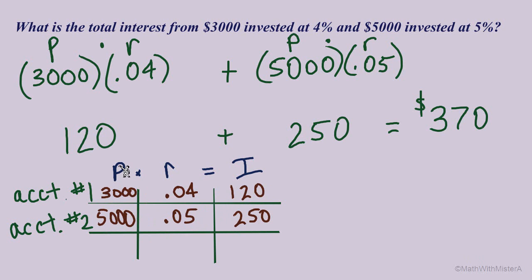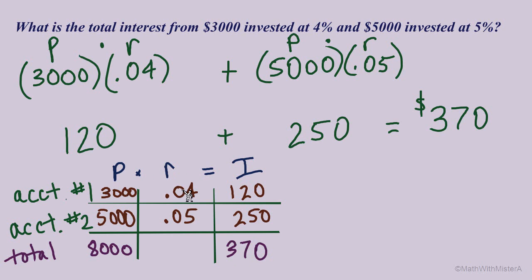We want to be cautious about how we can interpret a third row of this table where we might put our total. We can definitely say that if $3,000 was in the first account and $5,000 is in the second account, that's a total of $8,000 invested. And we can sum the interest as well. $120 from the first account, $250 from the second, there's our total, $370.